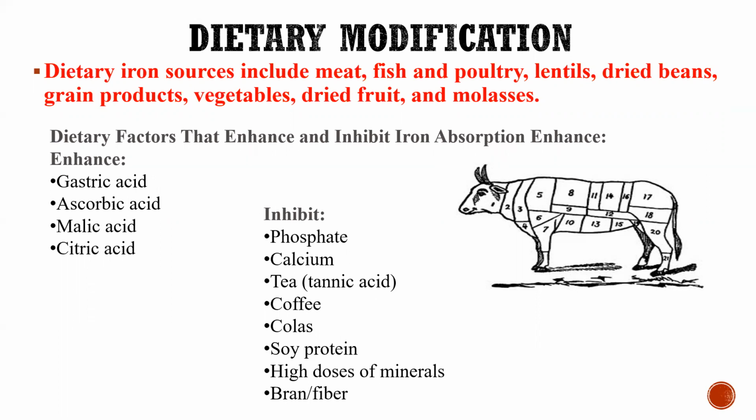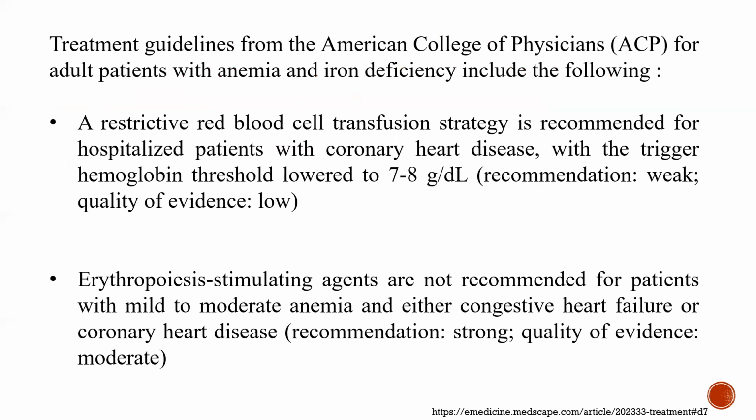In any case, the treatment guidelines from the American College of Physicians for adult patients with anemia and iron deficiency include the following: restrictive red blood cell transfusion strategies are recommended for hospitalized patients with coronary heart disease, with trigger hemoglobin thresholds of 7 to 8 grams per deciliter.